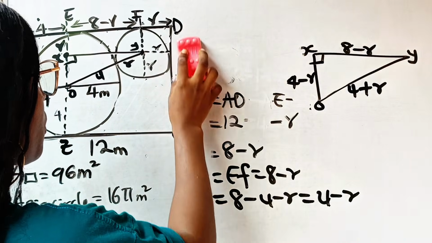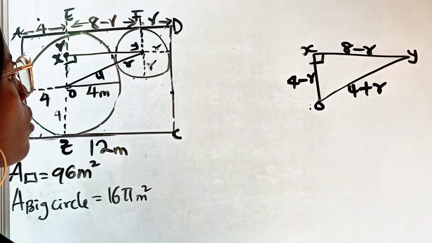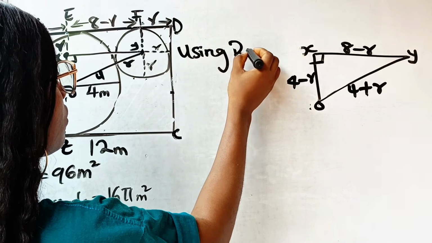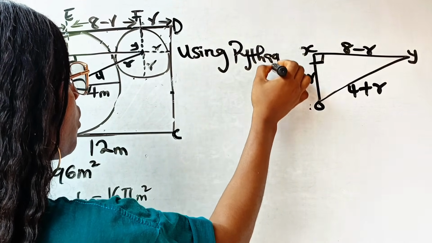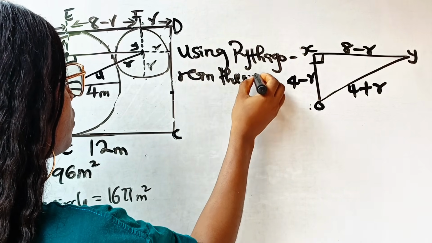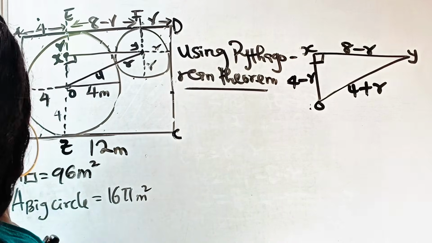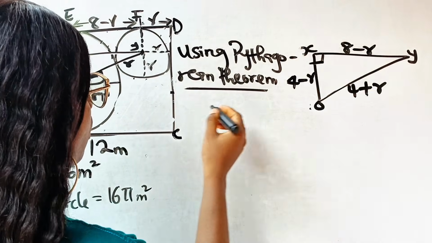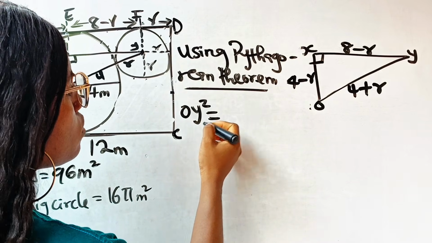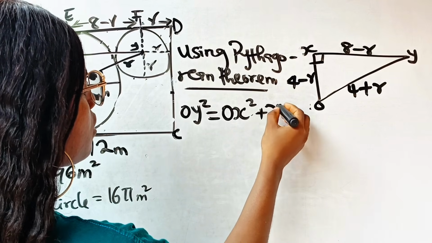Now using the Pythagorean theorem, we'll have that OY squared should be equal to OX squared plus XY squared.